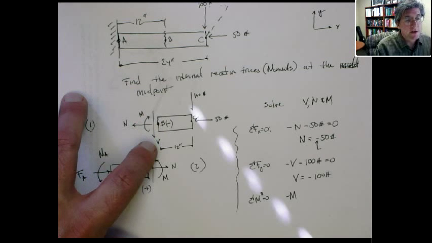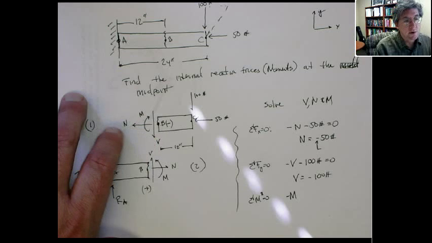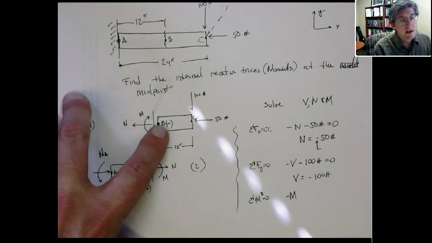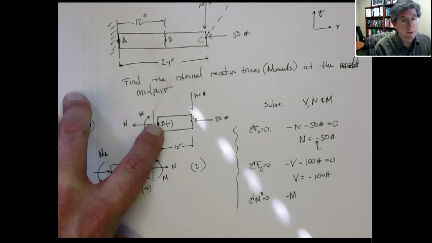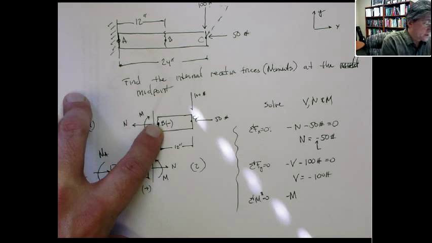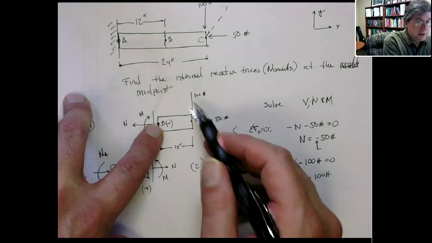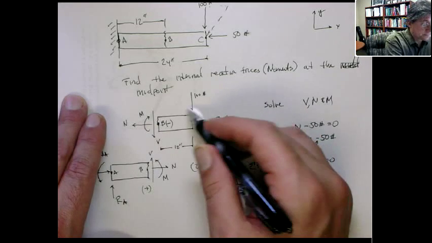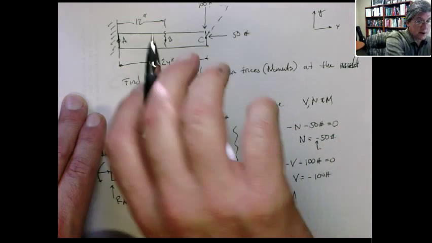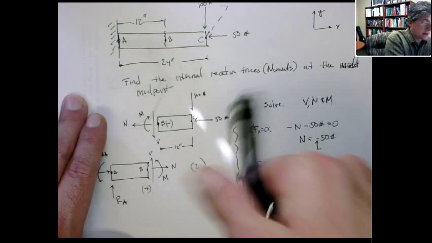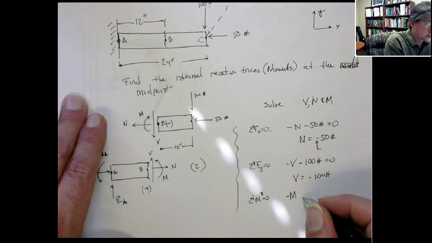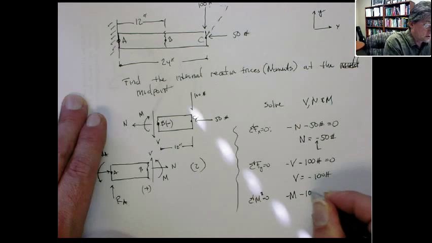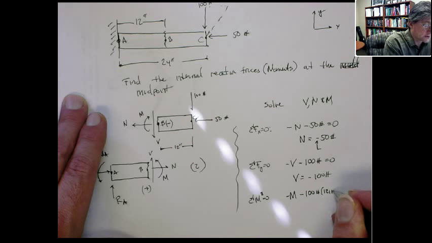The internal reaction shear force V and the internal reaction normal force N, neither of those contribute any moments around B because they go right through that point. Now, this 100-pound force produces a moment in the negative z direction, right? And its moment arm is 12. So that's a negative 100 pounds times its moment arm, which is 12 inches.